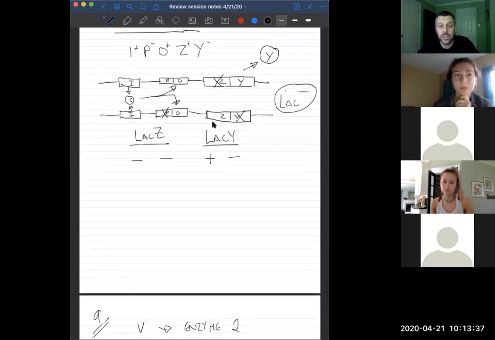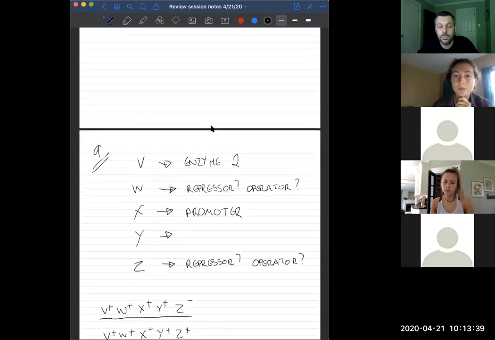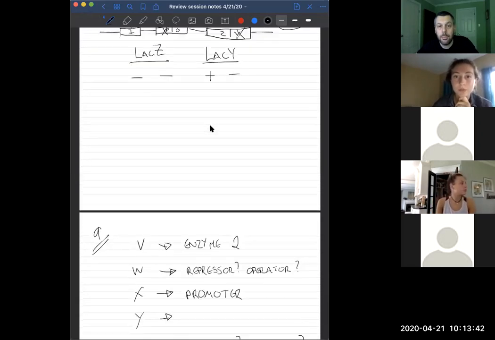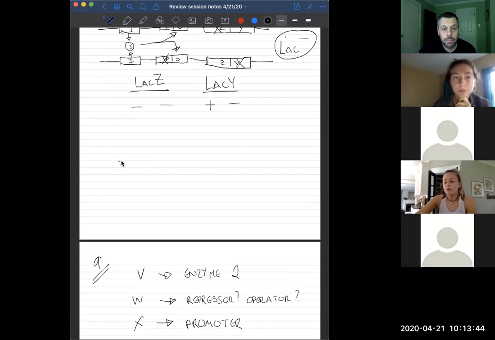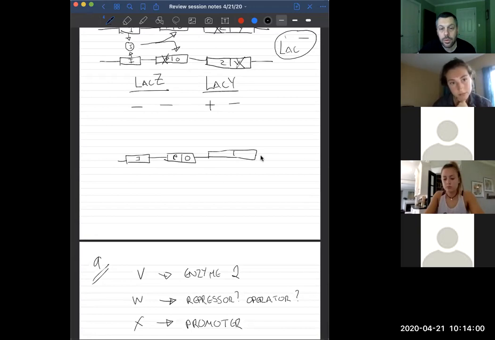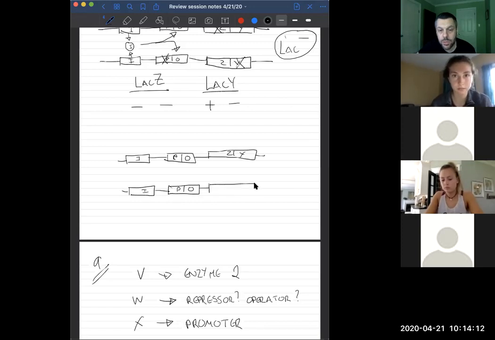So if you have two versions of an operon, for example, if I had two versions of the Lac Operon, I don't even know if this is a situation in question 8, but if I had two versions of this, right?